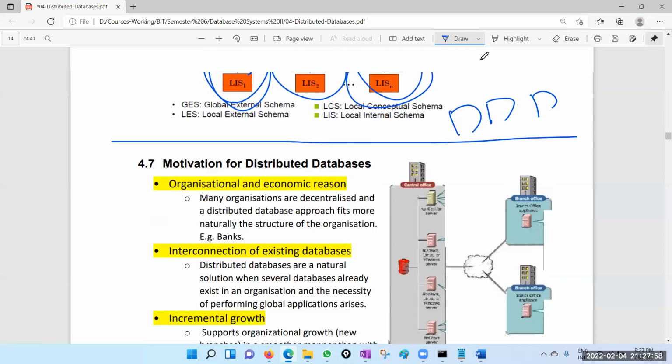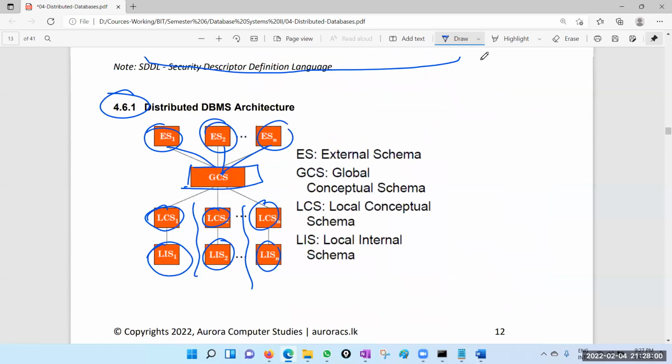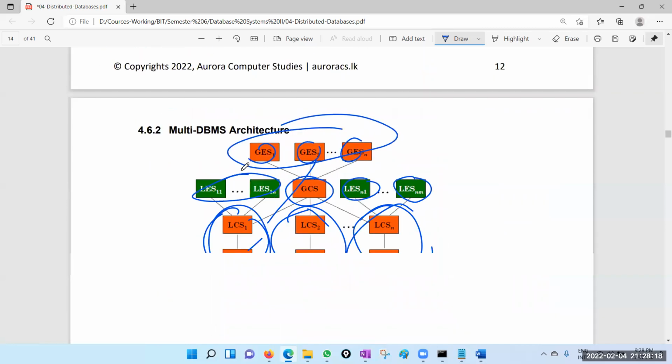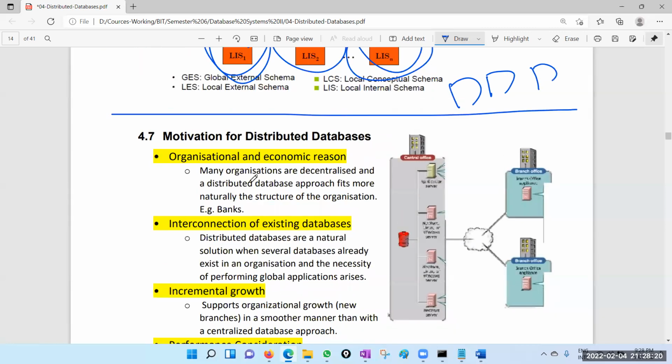Especially in this kind of a situation, if this database is down, sometimes you can't use it at all unless you have some duplications. It is not the main reason actually. The main reason is sometimes your organizational need is such.